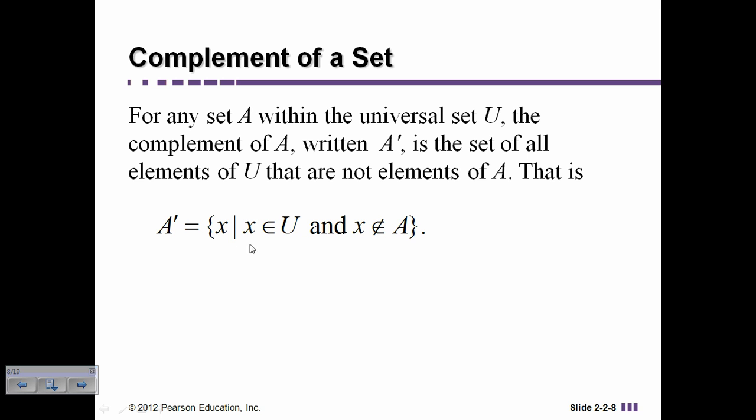Our set builder notation here says the set of X such that X is an element of the universal set and X is not an element of A. That's what A prime is.